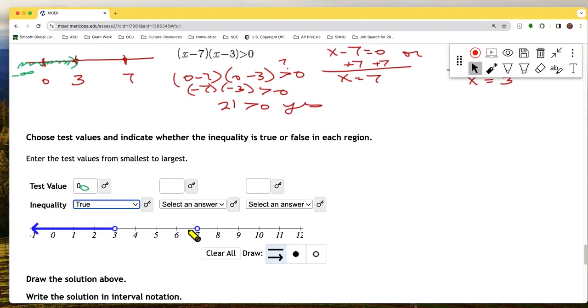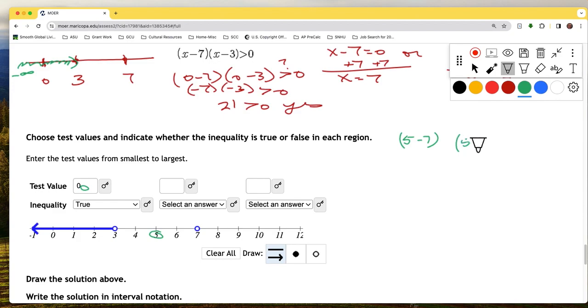Now we choose a number between 3 and 7, and we can plug that in. My gut feeling is it probably won't work here, but let's do that. Let's see what's a good number to choose. I guess 5, it's in the middle. Again, we could choose any of these. So we get 5 minus 7, 5 minus 3. 5 minus 7 is negative 2. 5 minus 3 is positive 2.